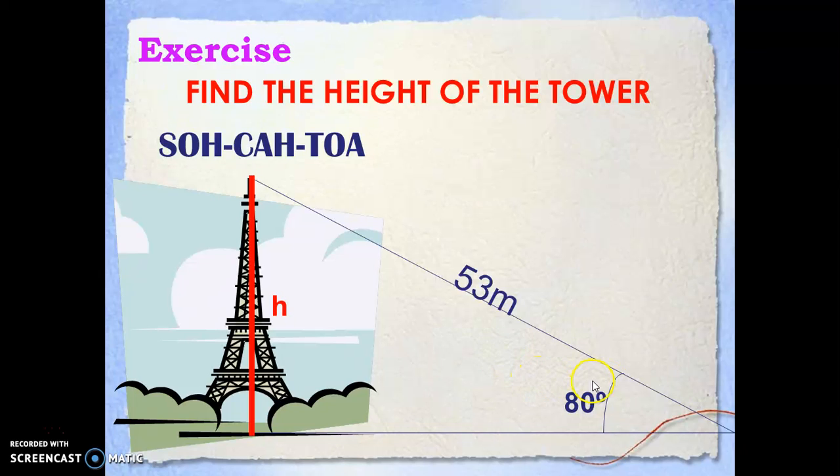So if this is the angle here and we are looking for the opposite given the hypotenuse, we can apply the sine function. So sine 80 degrees is equal to opposite, which is h, over the hypotenuse 53. So the same procedure, we just multiply 53 and sine 80 degrees.